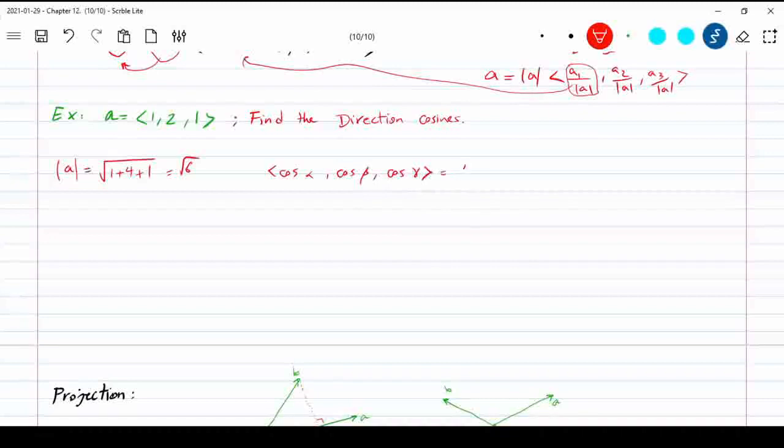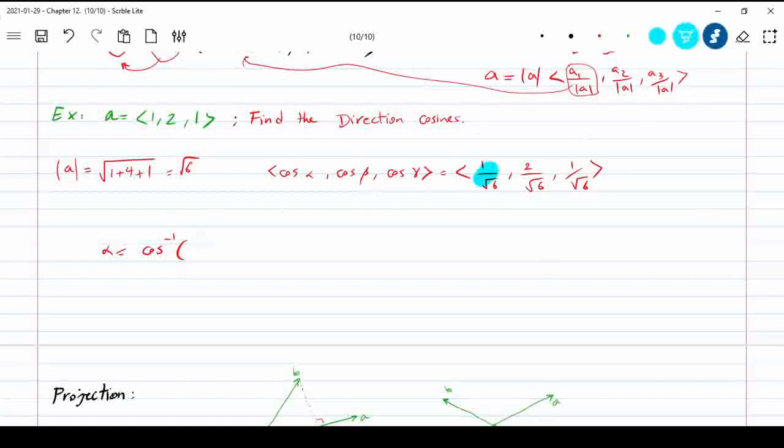would be 1 divided by square root of 6, 2 divided by square root of 6, and 1 divided by square root of 6. Right? If they ask you what alpha is, for example, you will say, okay, I take the cosine inverse of the corresponding component to the angle alpha, so it would be 1 over square root of 6.